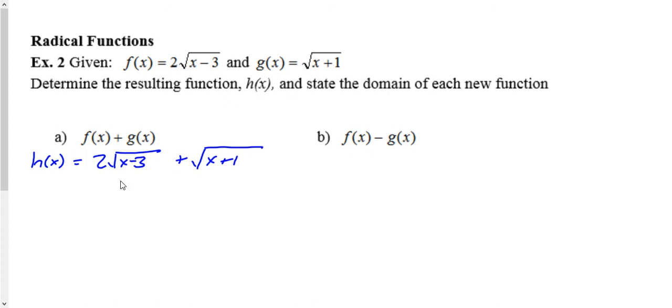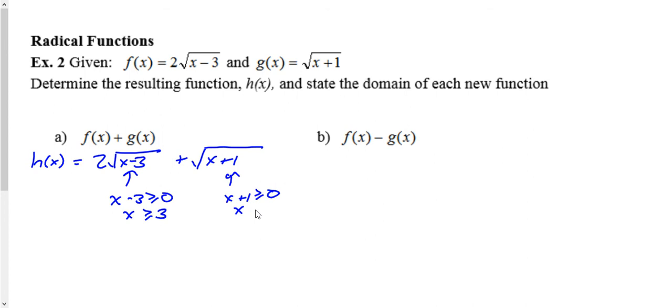So the new domain of each function is dependent on our radical and our restriction. In this case here, we have a restriction of x has to be, so x minus 3 technically had to be greater than or equal to 0. So x had to be greater than or equal to positive 3. Over here, we have x plus 1 under the radical had to be greater than or equal to 0.